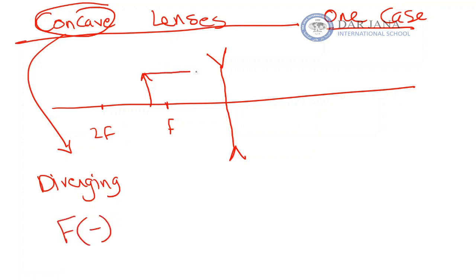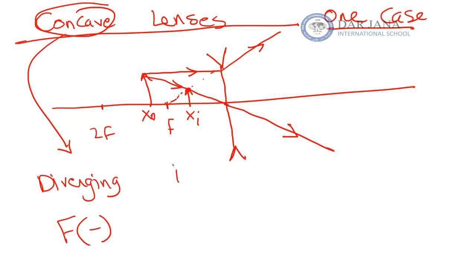So I will take a parallel ray. Remember that it diverges. So that's a diverging ray. I will take another ray through the optical center. It will continue. As you see, the rays never intersect, but they intersect virtually here. So that's the image. This is XO and this is XI.